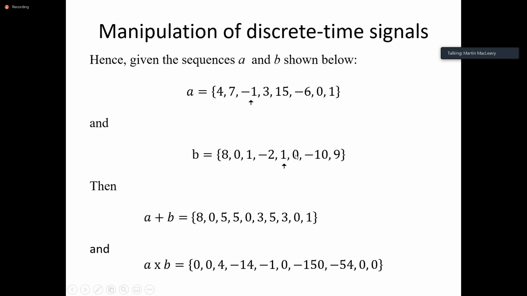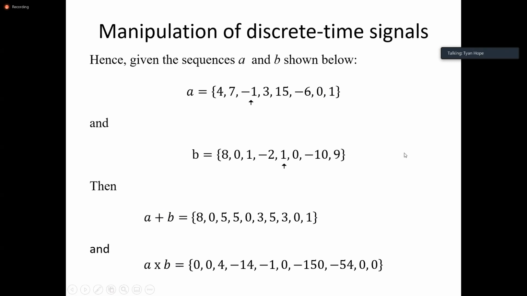And then for the next set of values, 0 to 3 will give you 3, 0 to 15, another typo, 5 should be there, and so on. Seem to have a lot of typos in this. Anyway, I will correct it, or better still, you can correct it. So this should be the sequence A plus B.